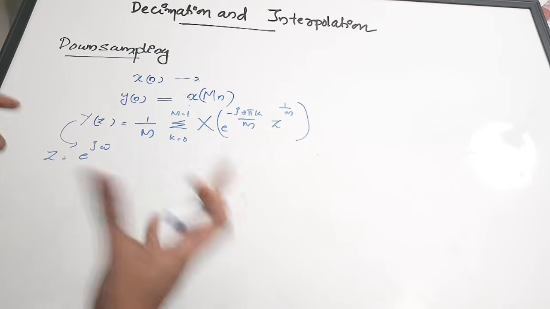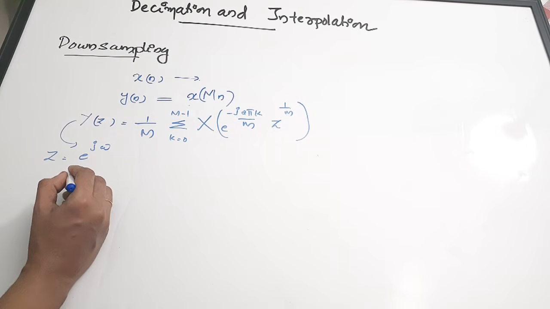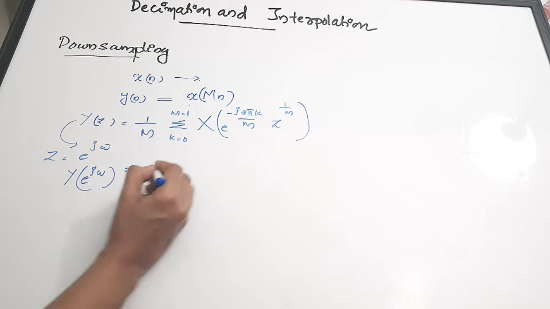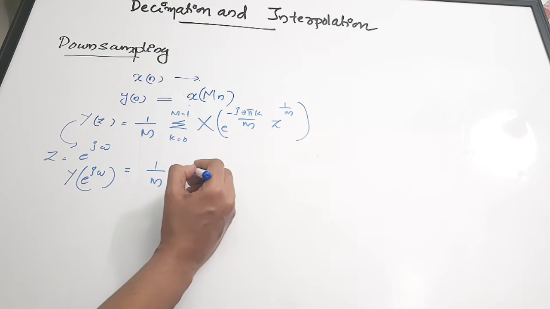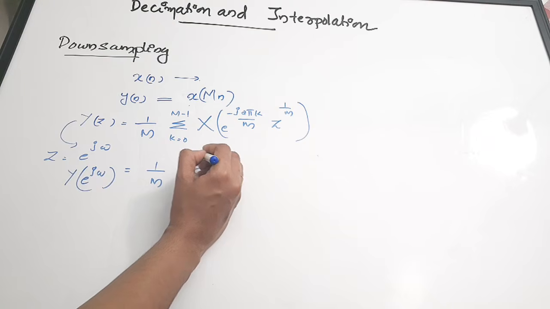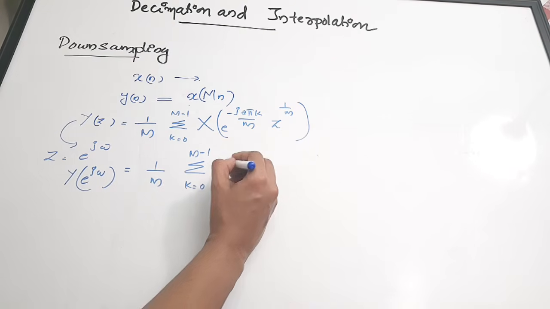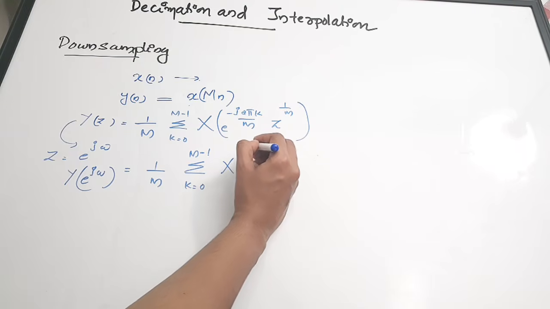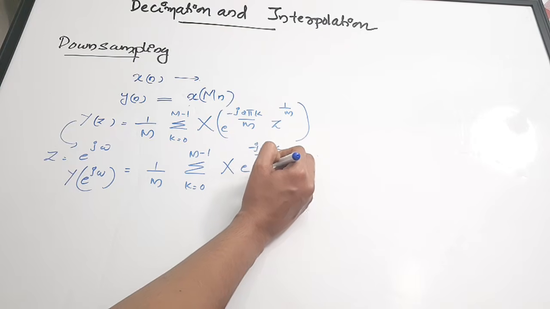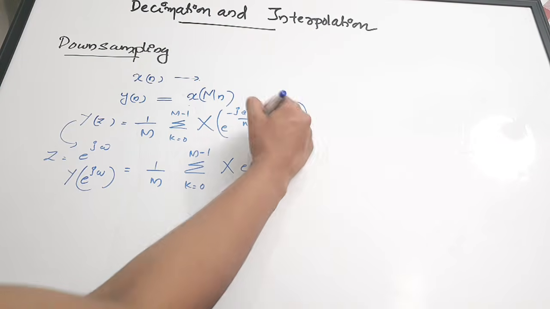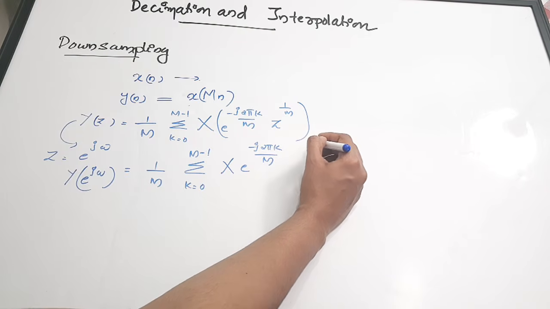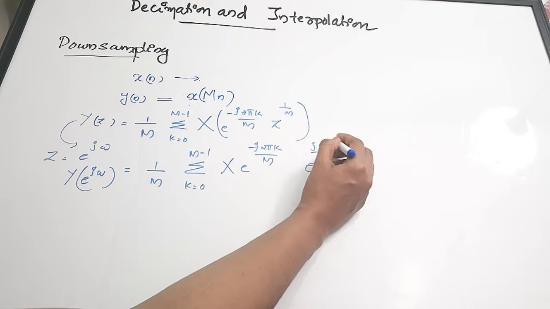Okay. Now put z is equal to e raised to j omega. We are going to write it in the Fourier domain. So z is equal to e raised to j omega. You will be getting y of e raised to j omega equal to 1 by m sigma k equal to 0 to m minus 1 x of e raised to minus j 2 pi k by m into, here we are going to put e raised to j omega by m.